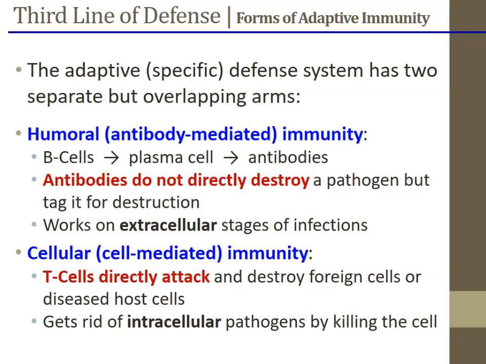Again, B cells, when met with an antigen, a bad dude, will become a plasma cell. And it's the plasma cell that releases the antibodies.